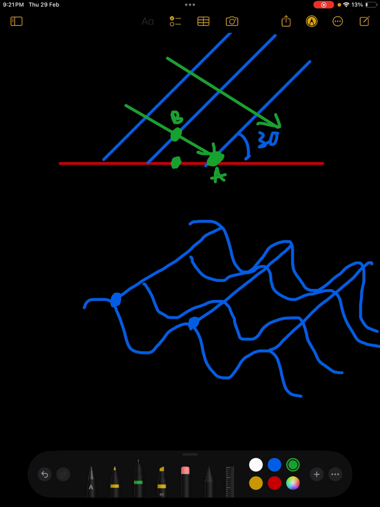So if this is point A, let's call this one C. We are trying to find particles that are arriving at point C, 5 centimeters away from point A. At what angle are they arriving?